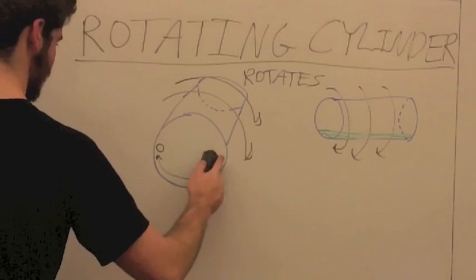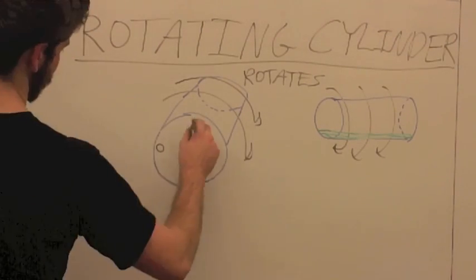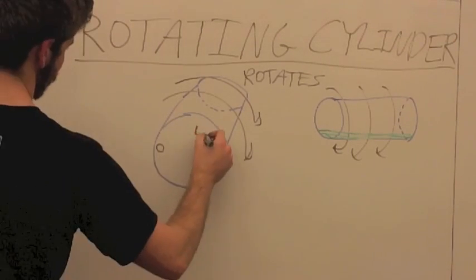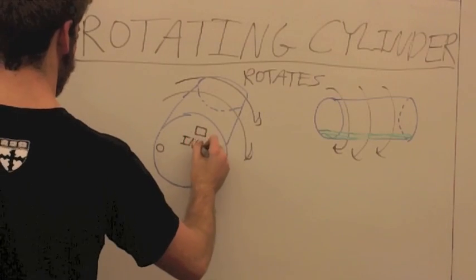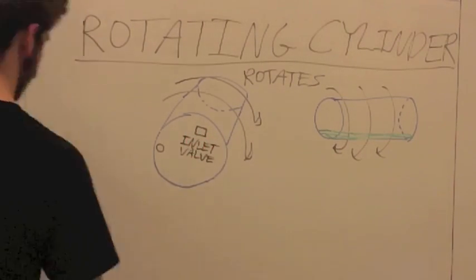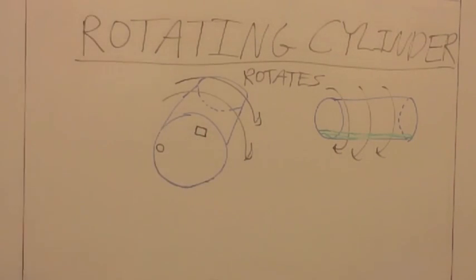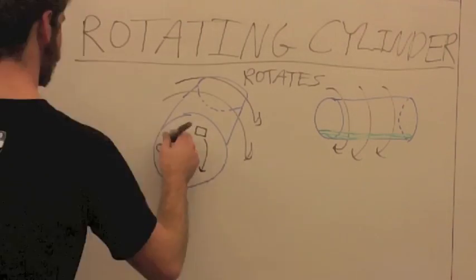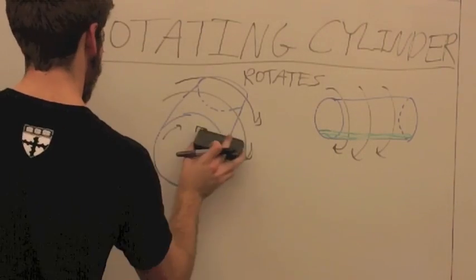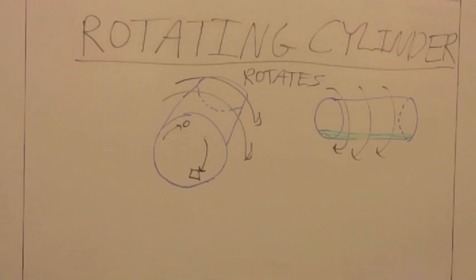Then, from a different valve, or potentially from the same valve, new media can be pumped in to refresh the old stock. I've drawn it here as two valves, but it could easily be operated through the same valve.